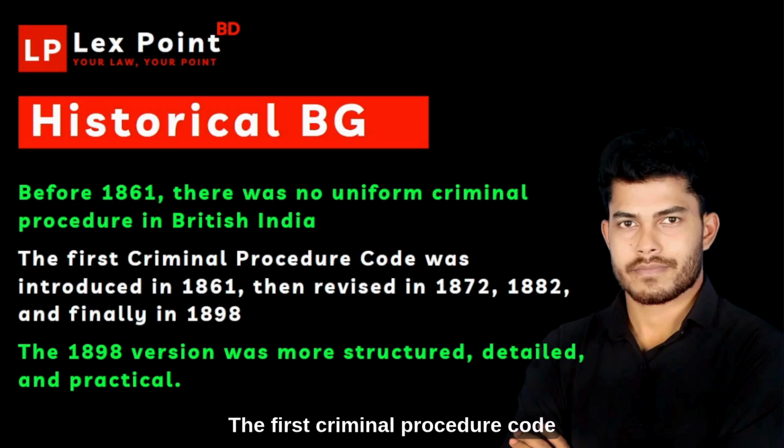The first criminal procedure code was introduced in 1861, then revised in 1872, 1882, and finally in 1898. The 1898 version was more structured, detailed, and practical, so it remained the main criminal procedure law even after independence.